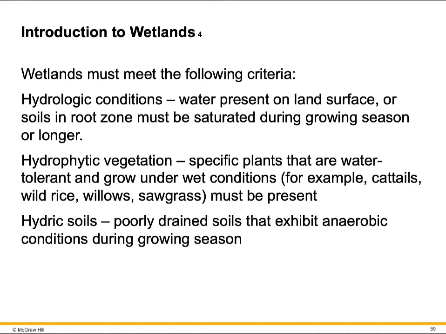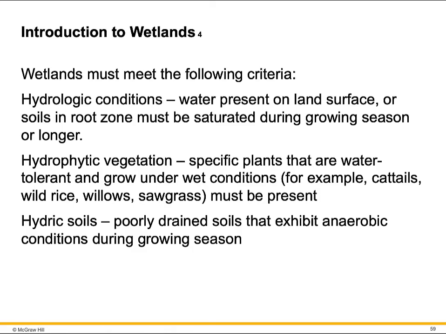Wetlands must meet the following criteria. The hydrologic conditions: water must be present on the land surface or soils in the root zone must be saturated during the growing season or longer. Hydrophytic vegetation: specific plants that are water tolerant and grow under wet conditions like cattails, wild rice, willows, sawgrass, mangroves.